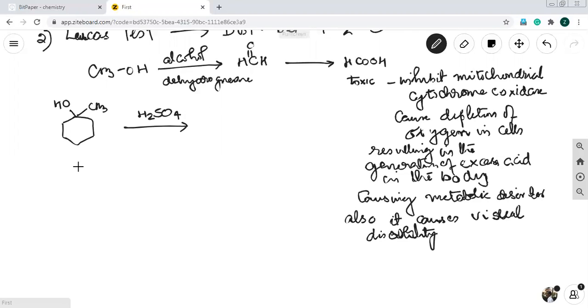Or you take this compound, CH3, C(CH3)(OH)CH2CH3. If I treat this with sulfuric acid, what will be the product of it?